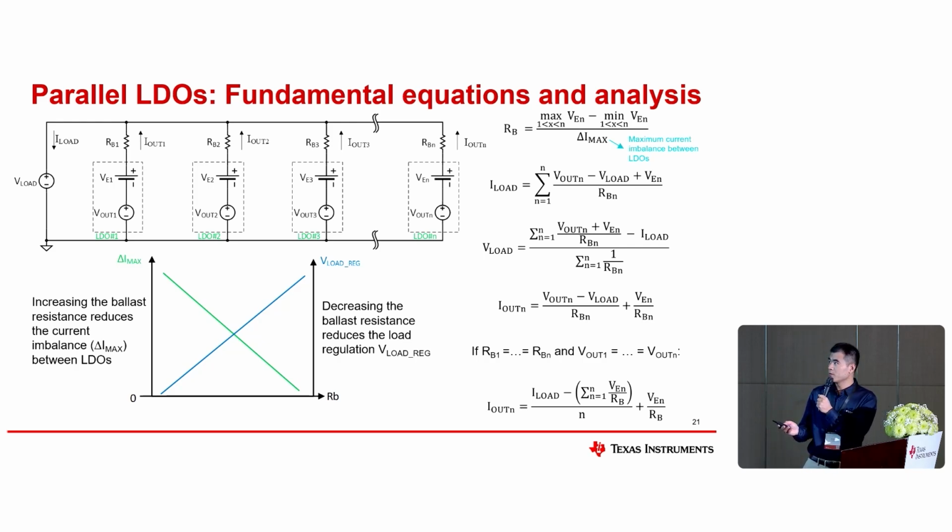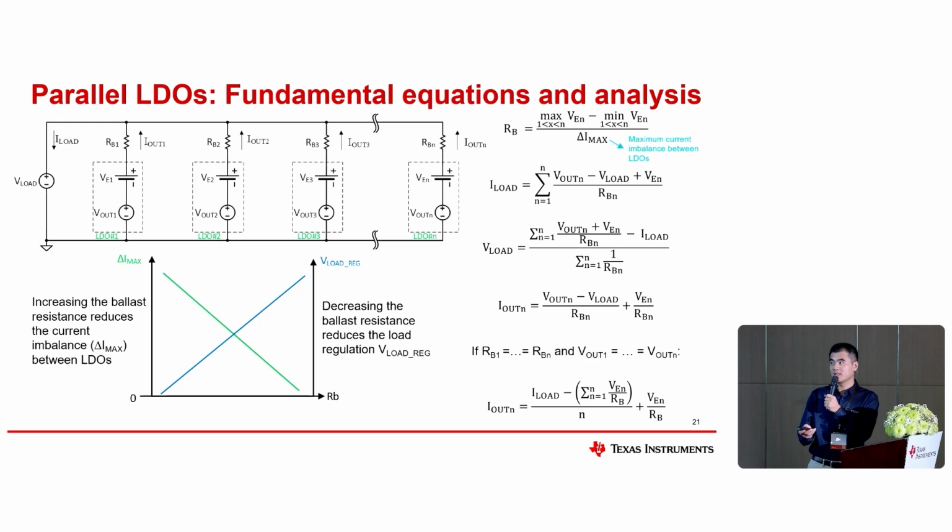So if we assume this, we can also get this equation. This is the plot for this equation. From this plot, we can see that if the ballast resistor increases, the error for each LDO path will drop.